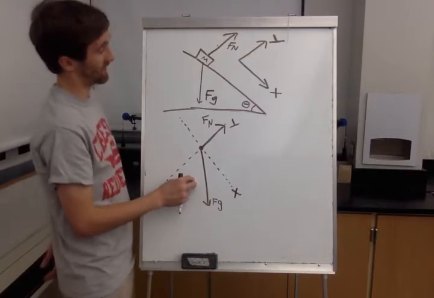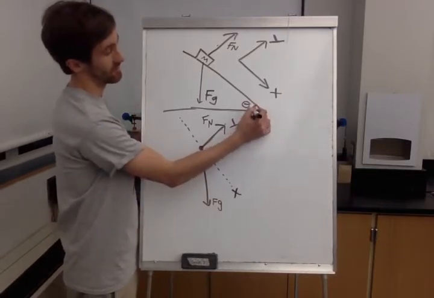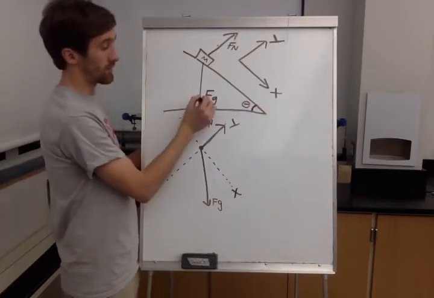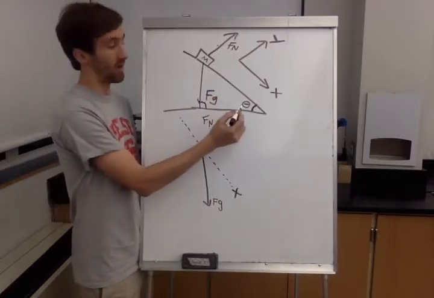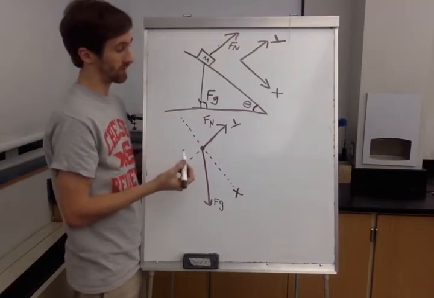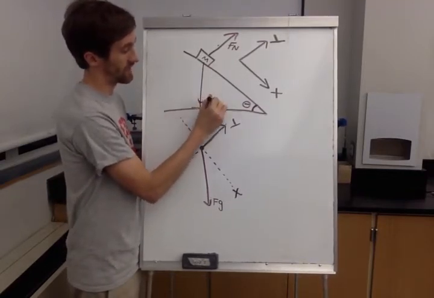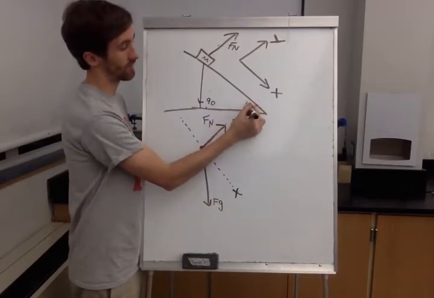So I'm going to come back and look up here, and I see that this is the angle of my ramp. For you geometry people, you'll know that all of the angles in a triangle have to add up to 180. So let's say that this angle here was 90, and we made our angle here 30.